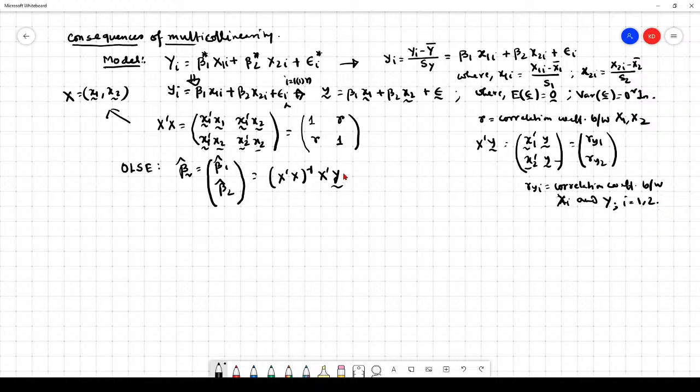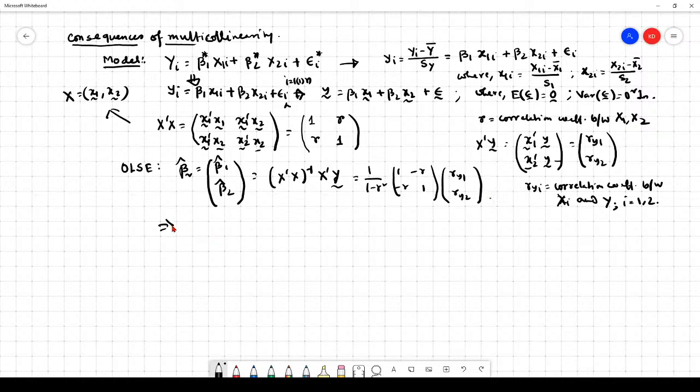So X prime X inverse is equal to 1 by 1 minus r square times the matrix 1, minus r, minus r, 1.